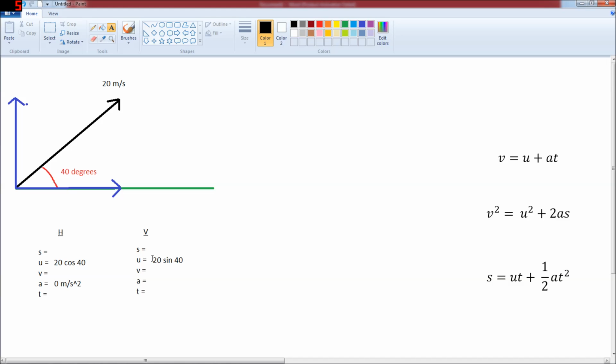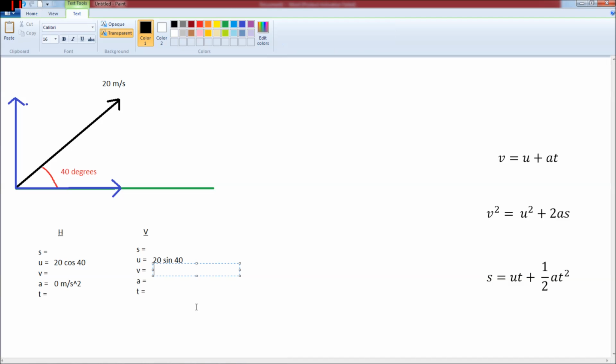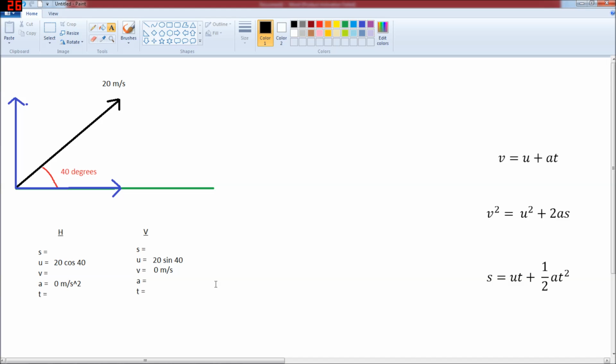No, no idea. Do we know how fast the object is going at some point? Well, there is one point where I know the object's vertical velocity, and it is 0 meters per second. Let's throw in a unit there. Why is it 0 meters per second? Because the trajectory, the path it's going to take, goes up like this and comes back down over here somewhere.